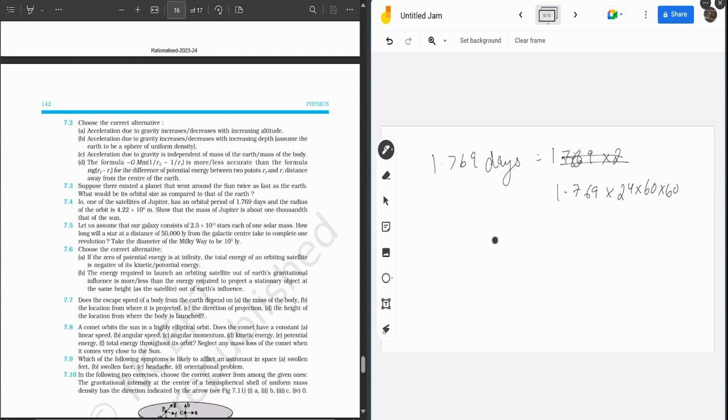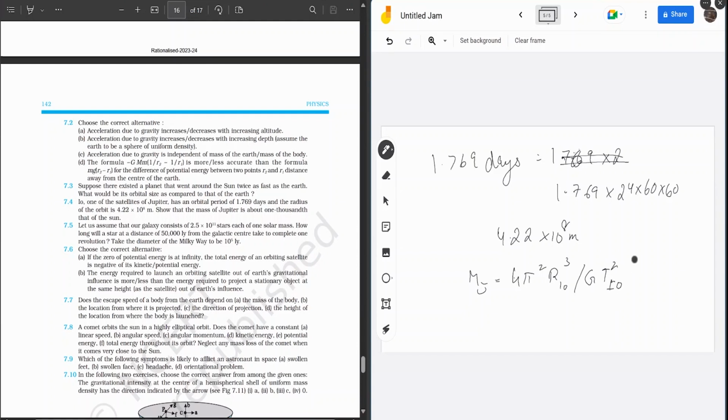Okay, so orbital radius of Io is 4.22 into 10 to the power of 8 meters. Now, mass of Jupiter: M_J is equal to 4 pi square r Io cube divided by G T square of Io.